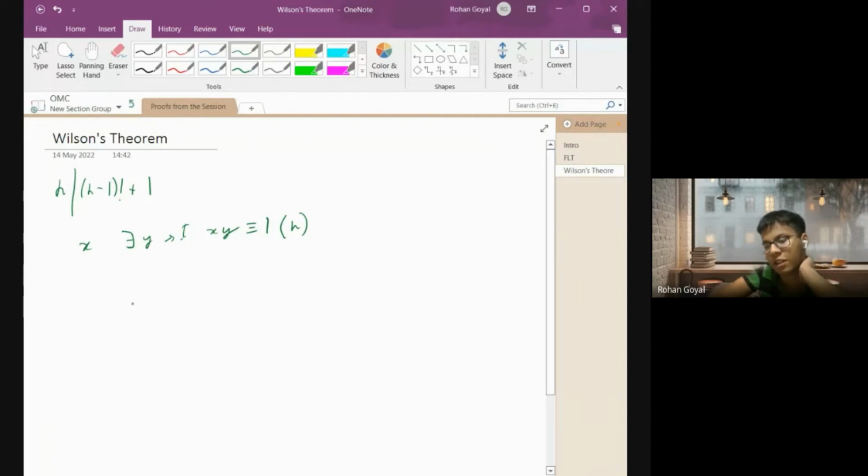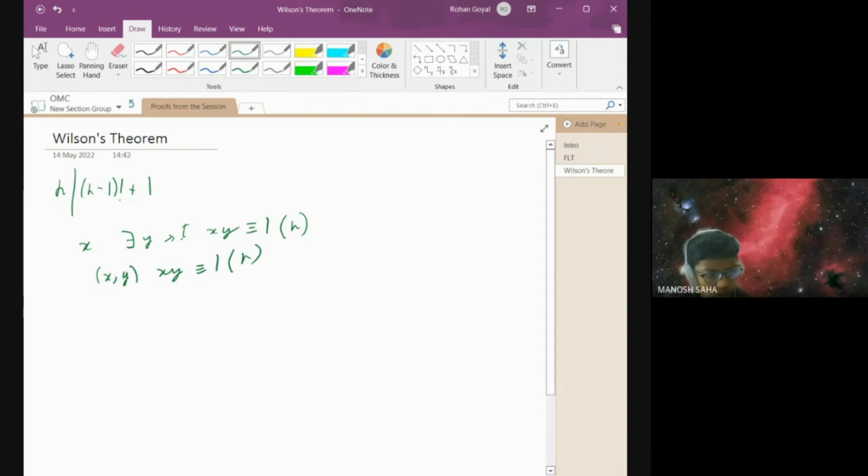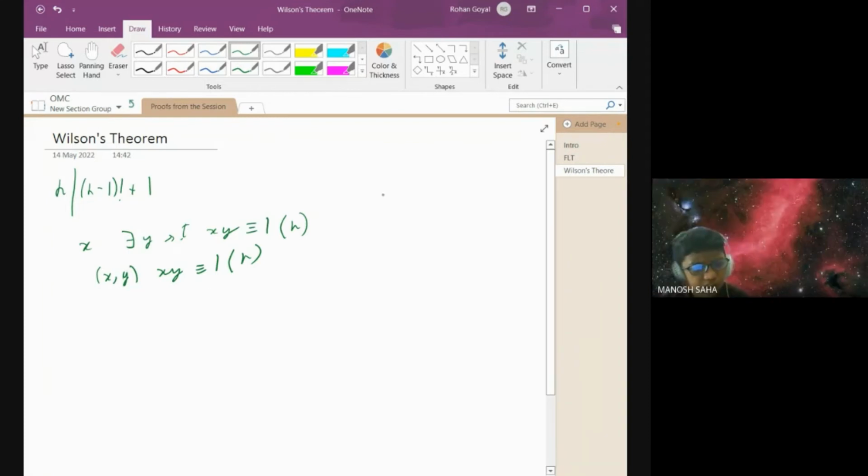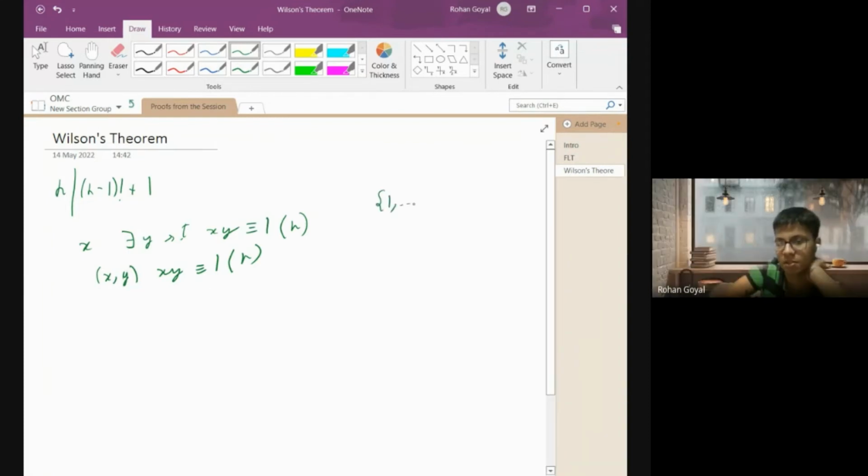So this is a nice thing to have because now you can pair these things up. You can consider x, y pairs such that xy is congruent to 1 mod p. How many pairs are there of this form? Infinite? No, we are only considering the set 1 to p minus 1.